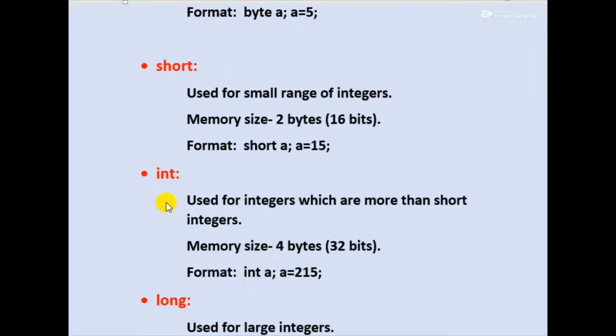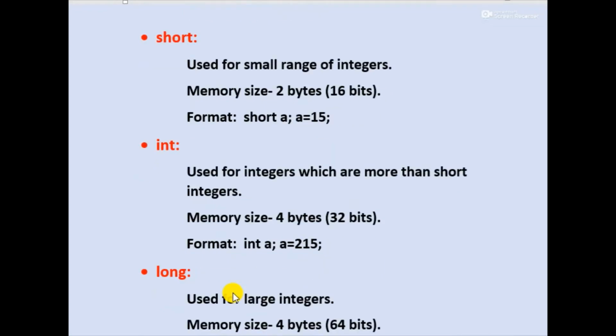Means the int type of variable can hold a value of 4 bytes. And how can we declare a variable of int data type? Here we can see int, then name of variable. Then later we can assign a value to that variable of int type.